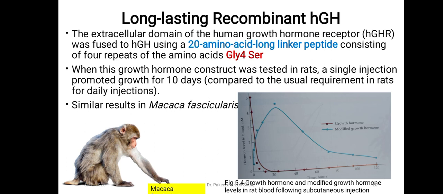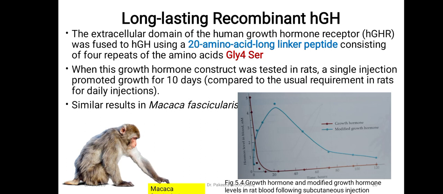That linker peptide was 20 amino acids long, and it consisted of 4 repeats of a block. That block consisted of 5 amino acids. Out of them, 4 were glycine and 1 was serine. So the 4 glycine, 1 serine unit was repeated 4 times. That made a total of 5 multiplied by 4 equals 20.